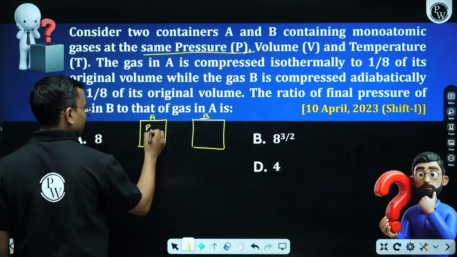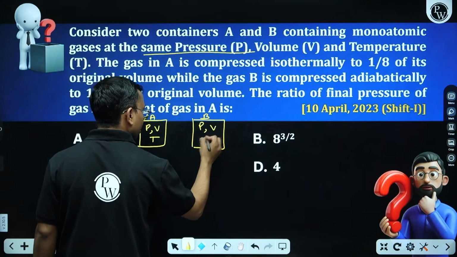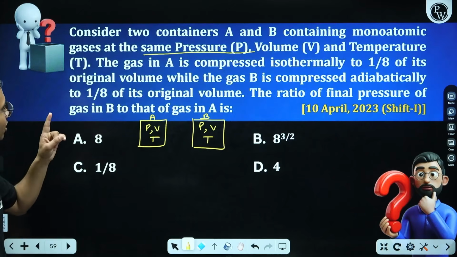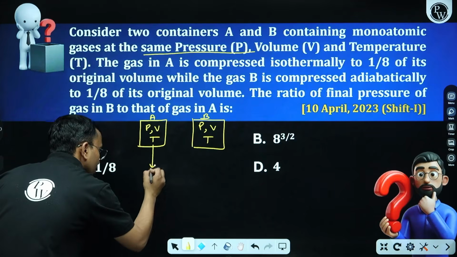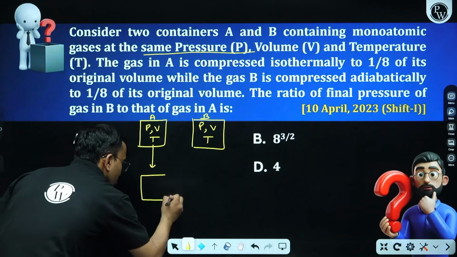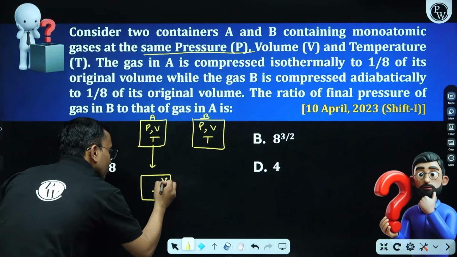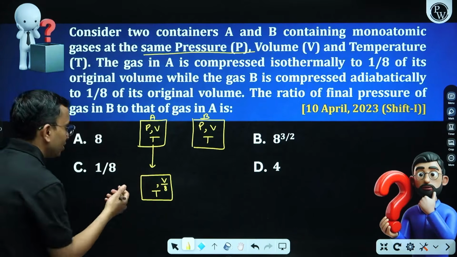So P, V, T for both. A is compressed isothermally to 1/8 of its original volume. Isothermally means temperature remains constant. Volume becomes V/8, so pressure will become 8 times because PV is constant.